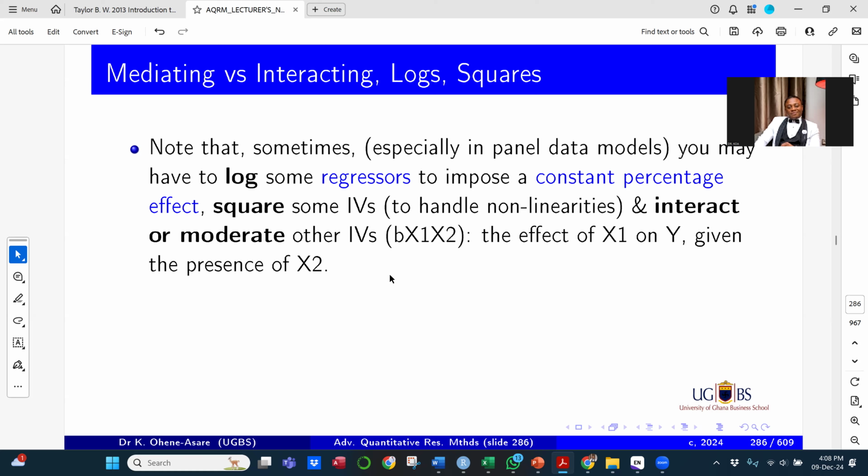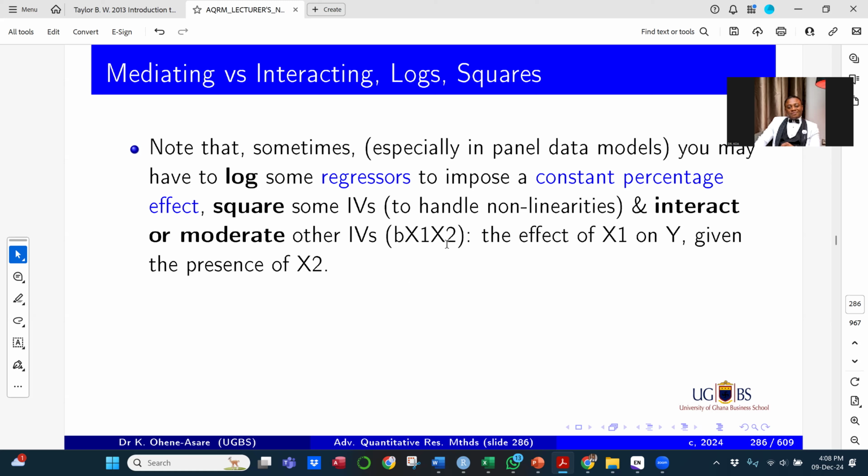You would have to square some variable based on prior knowledge, prior literature. Guys, you got to think and make sure that what you are deciding is justifiable. Else, forget it.